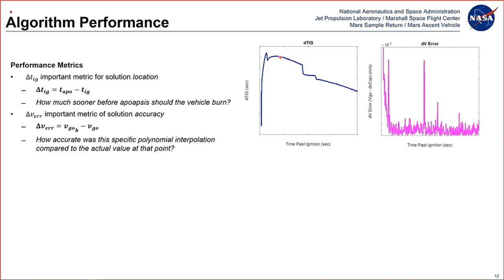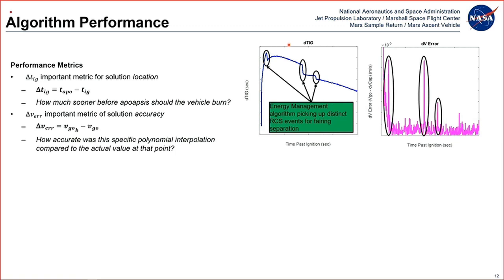As an example, burn 70 seconds before apoapsis versus burn 50 seconds before apoapsis, right? That means we're having to burn closer to apoapsis, which means our orbit's losing energy a little bit. In this specific example, these were actually RCS thrusting events, which is really cool to see.